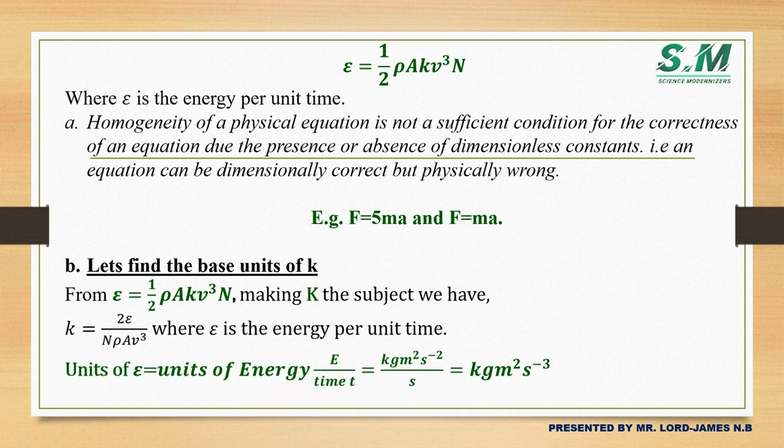So the unit of E is the unit of energy divided by time. The units of energy we can get from force times distance, which is the kilogram meter squared seconds to the minus 2, divided by the units of time, which is the seconds. And simplifying this, we get the kilogram meter squared seconds to the minus 3.